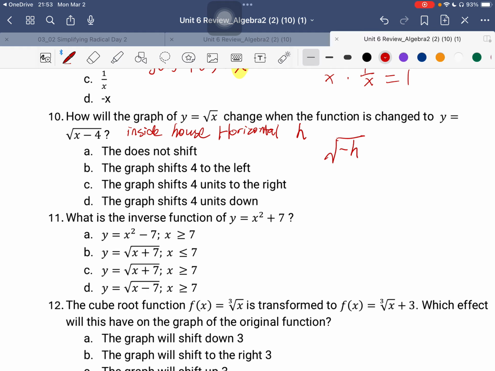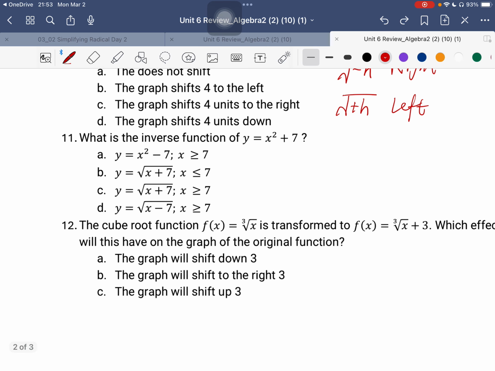Square root of negative h always goes to the right. If inside house is negative h, it goes to the right. If inside the house is positive h, it goes to the left. And for this one, inside the house is negative h. So which direction does it go? Pick the answer.